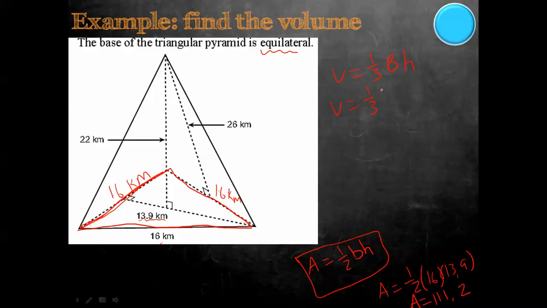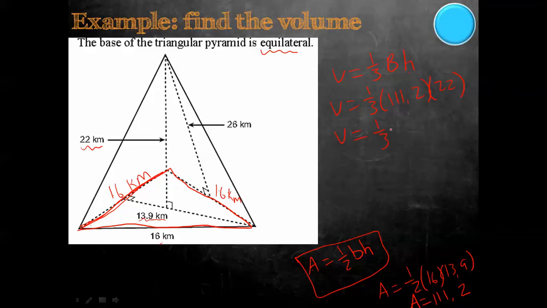So we have 1/3 times 111.2, and here the H in this formula is the height of the pyramid, or the altitude. Remember, the altitude is the line that goes straight down from the vertex. So that would be 22.